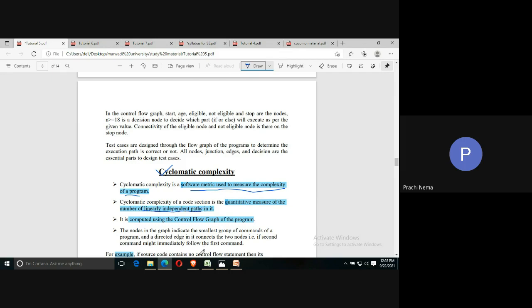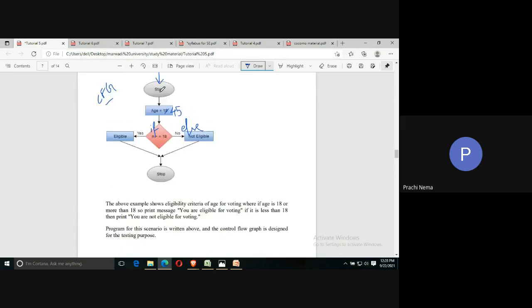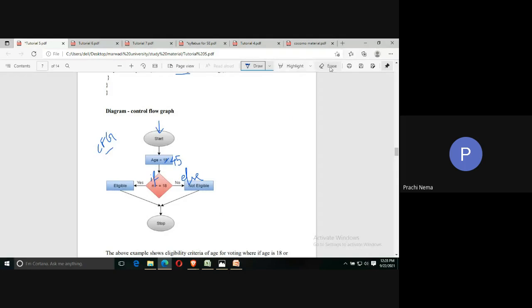What are linearly independent paths? Let me tell you in this example. If you look here, you can see how many possible paths there are. One of the possible paths is from start to age to decision, decision to this yes path, and then finally to the termination or the exit block.